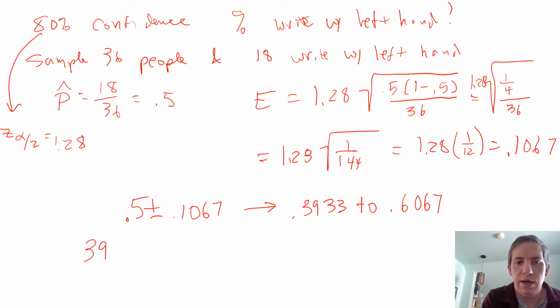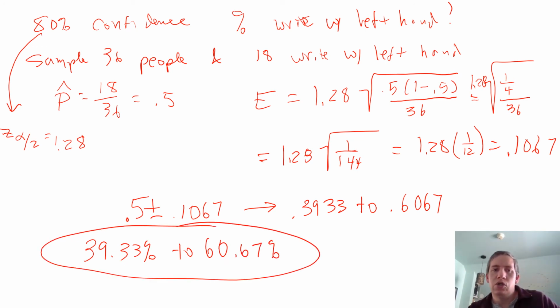So it's 39.33% to 60.67% that would be my confidence interval. So I can say that I'm 80% confident, if this is the sample that I got, that between 39.33% and 60.67% of people write with their left hand.